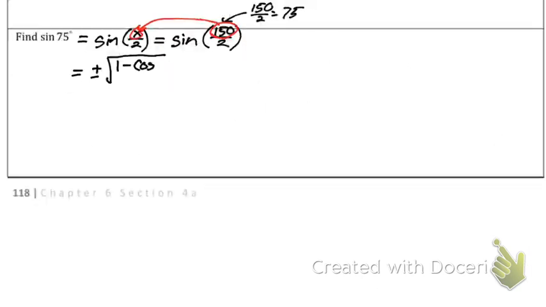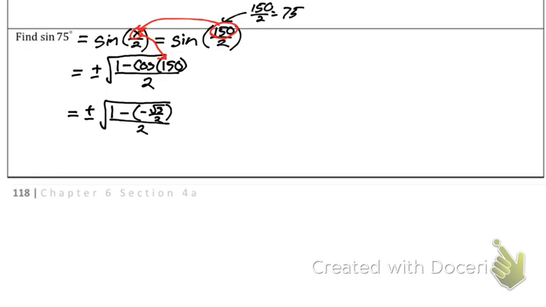It is still cosine, but this time it's a minus cosine of my x value, which is 150. So we use whatever's in that x value, so that's 150 all over 2, which equals plus or minus the square root of 1 minus, well, the reference angle of 150 is 30, so there's going to be a negative square root of 3 over 2.